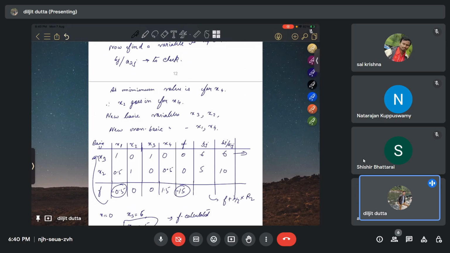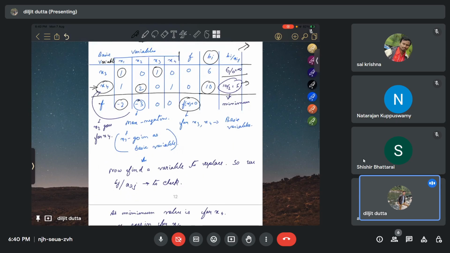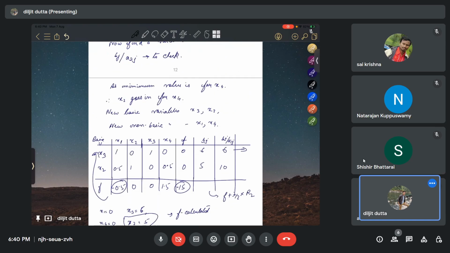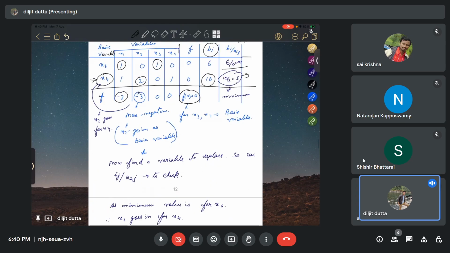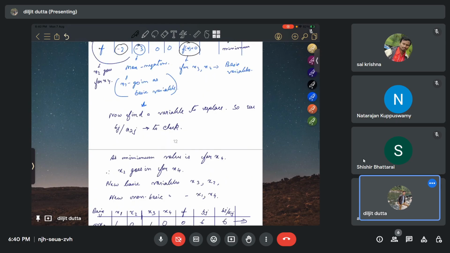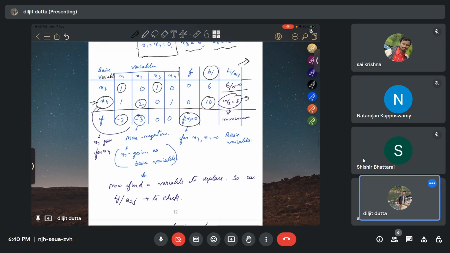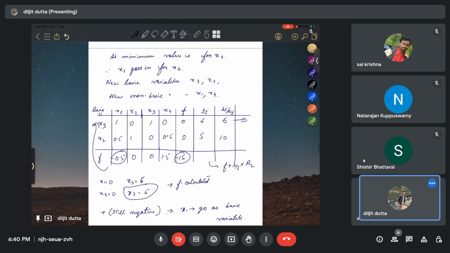The first equation will remain the same, since the coefficient of x2 in the first equation is already 0, so we need not change it.